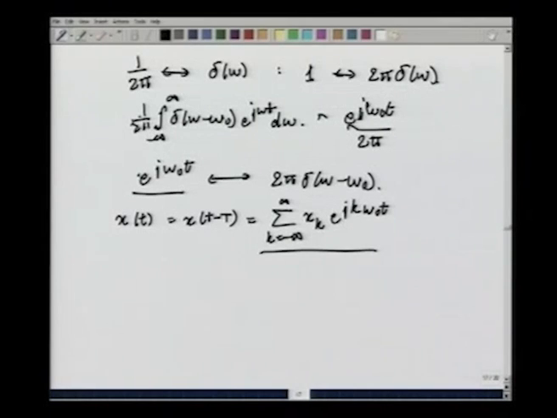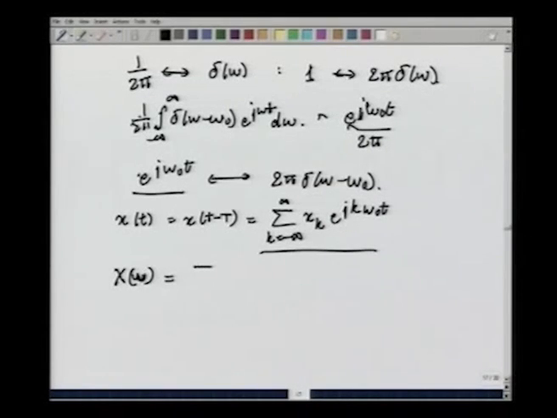Now, if you find the Fourier transform of this summation, then you can clearly see that this will have a Fourier transform which I will call x omega, given by, for each term in this summation, 2 pi delta omega minus k omega naught times x k, and it is a summation of all such terms.